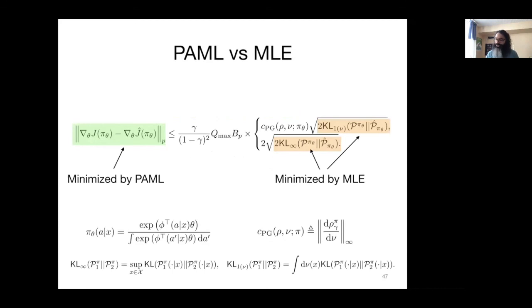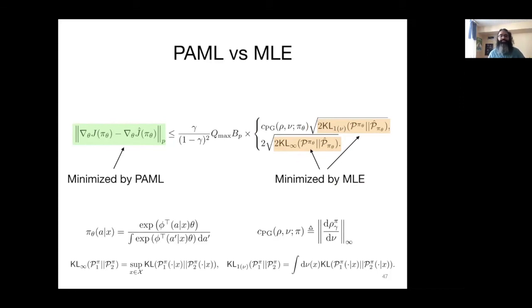And so we can show similar results that essentially the policy gradient error depends on some upper bound that depends on the KL distance between two models and some other constants. If we do minimization by MLE, that's okay, because we are minimizing upper bounds.